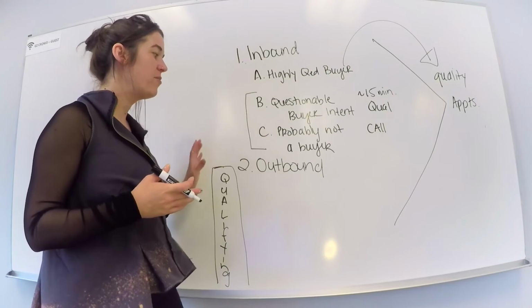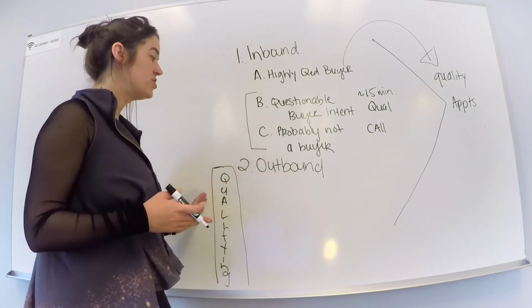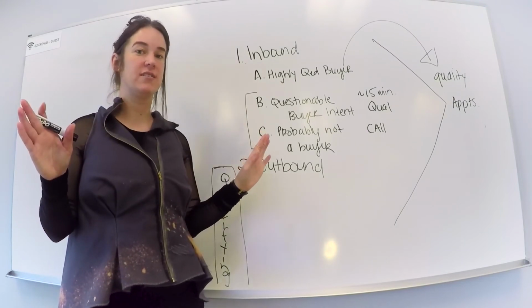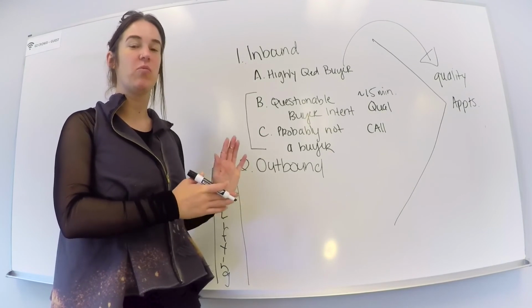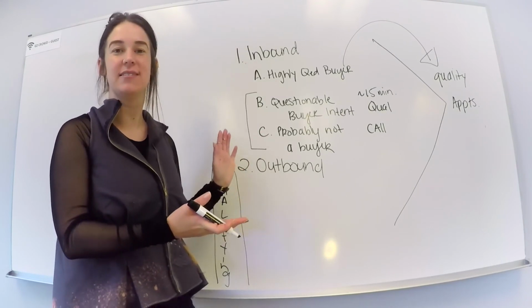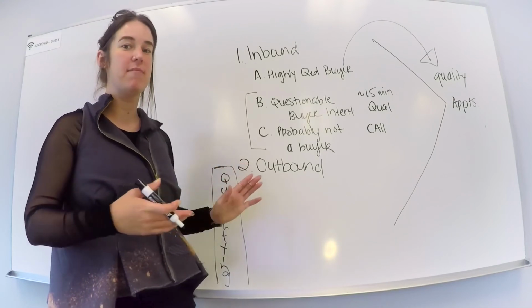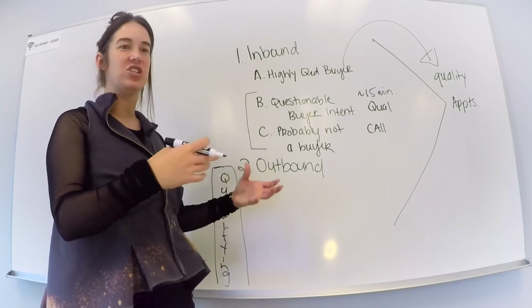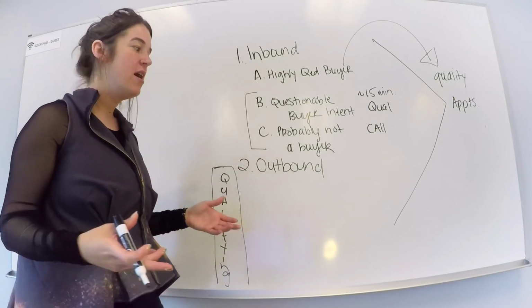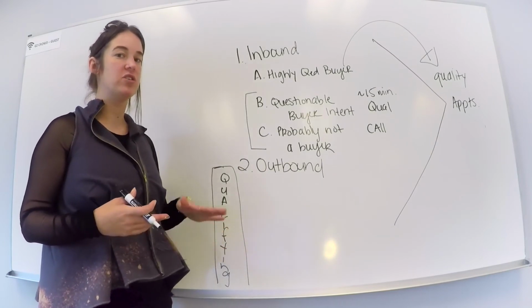I would deploy whatever means necessary for your SDR team to understand, before they even try to start hunting someone on outbound, is this someone that in 98% of cases we absolutely want to talk to? You'll have a few outliers, maybe they have some kink in the chain where you can't sell to them. But by and large, you want to do your qualifying up front, before you even talk to the buyer.